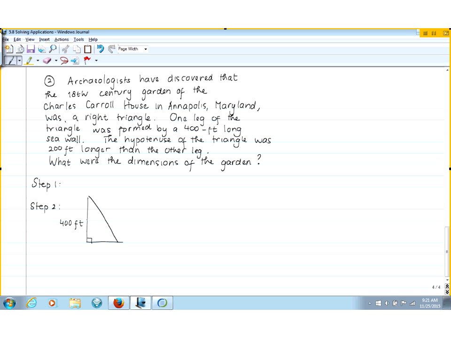What else do I know? The hypotenuse of the triangle was 200 feet longer than the other leg. So how do I write 200 feet longer than the other leg? X plus 200. So the other leg should be X. Right? So X is the length of the other leg, and then X plus 200 is the hypotenuse. Okay, good.